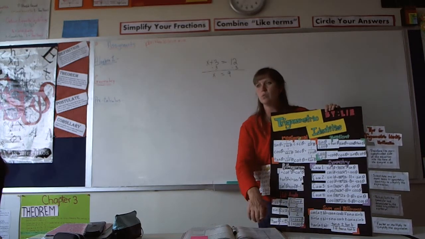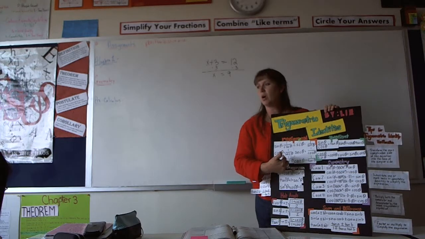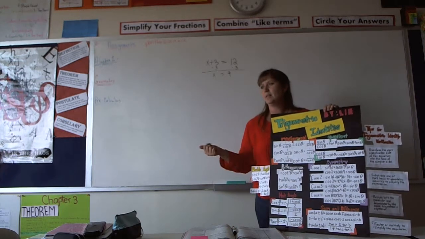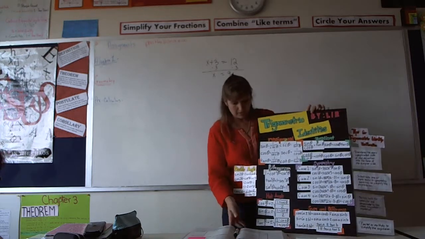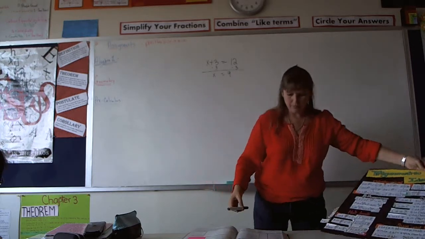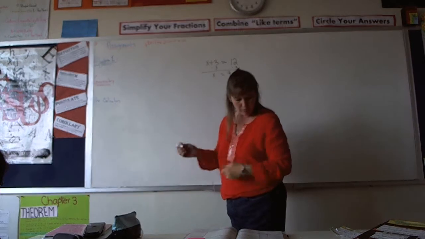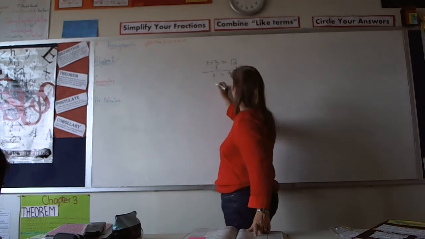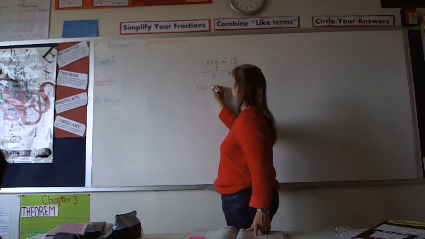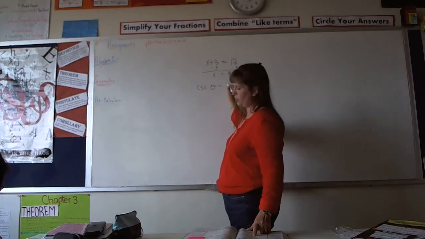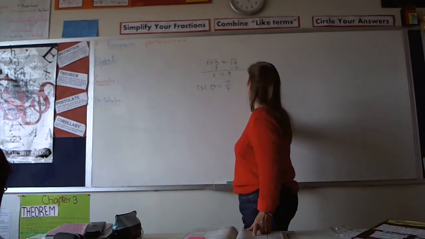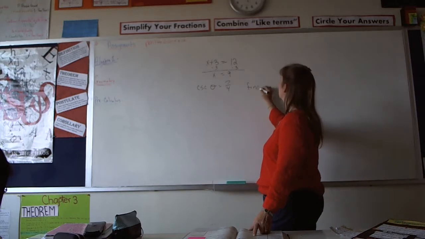So you're going to use those interchangeably when you're doing problems and they're asking you to prove this identity. Let's try one. We've got example 1. If the cosecant of theta is equal to 7 over 4, find the sine of theta.